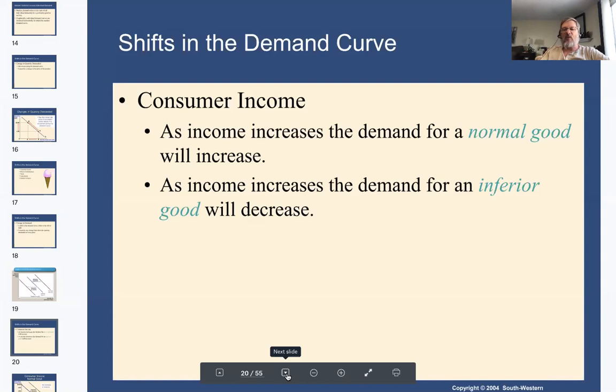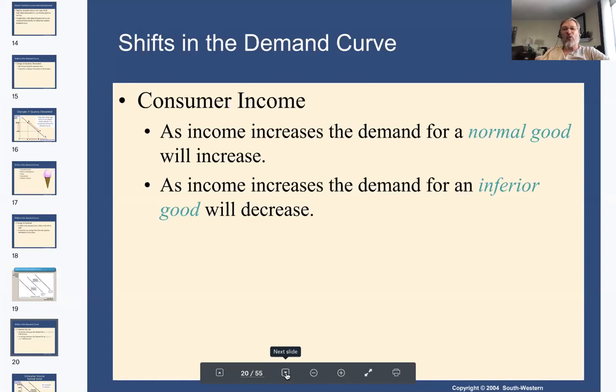The first one that we talked about that could cause a shift in demand is a change in the consumer's income. So we have two different cases there. One of the cases is what we would call a normal good. You could say a normal good is like what normally happens.